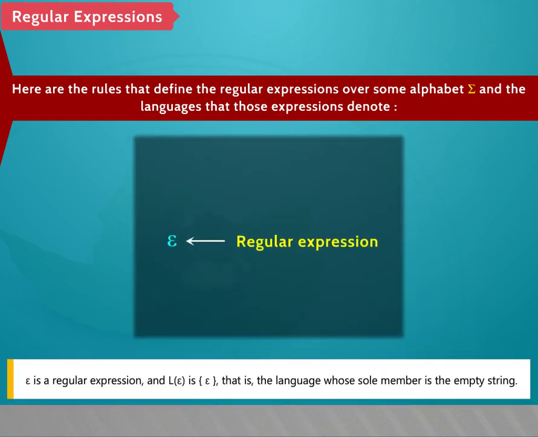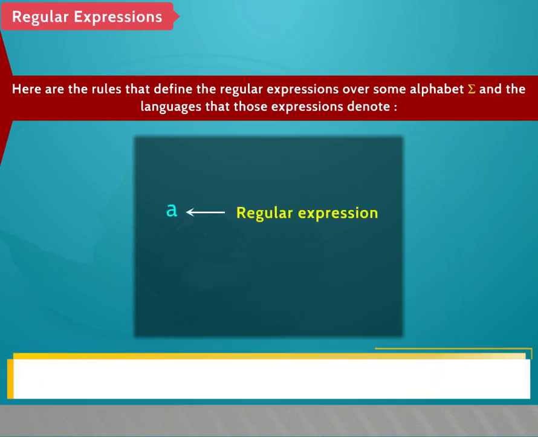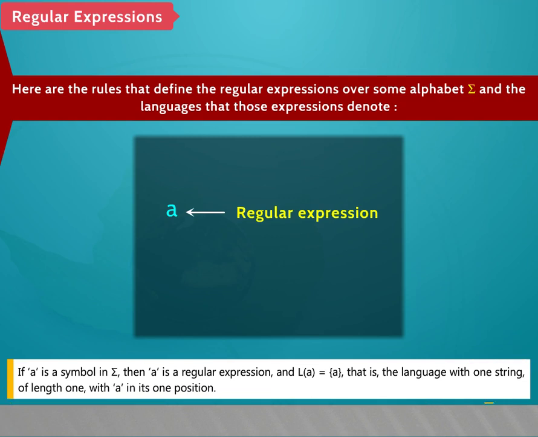Epsilon is a regular expression and L(epsilon) is {epsilon}, that is, the language whose sole member is the empty string. If A is a symbol in Σ, then A is a regular expression and L(A) = {A}, that is, the language with one string of length 1, with A in its one position.